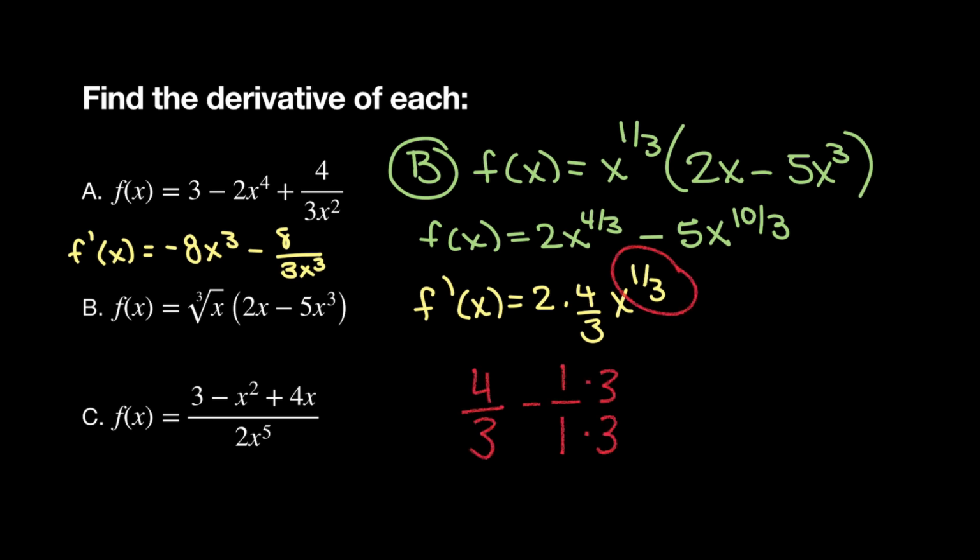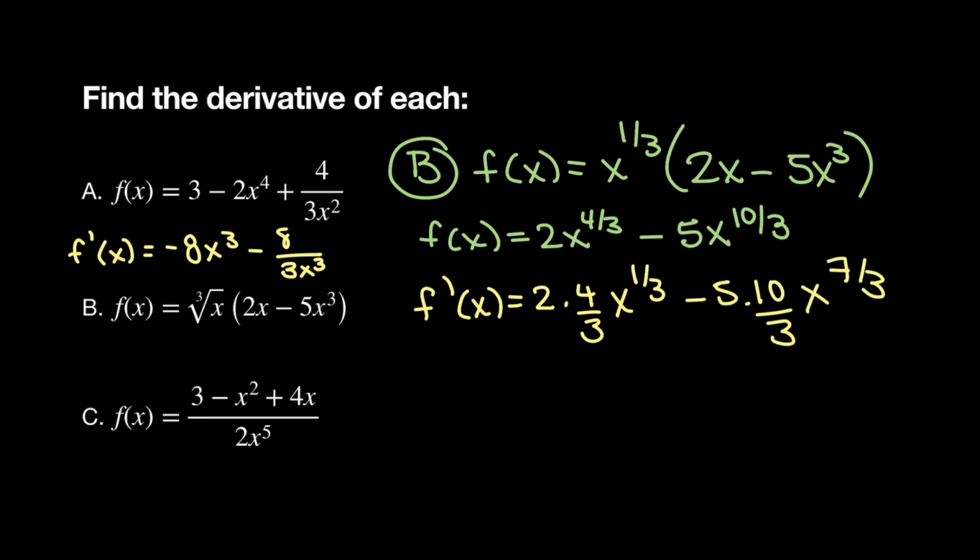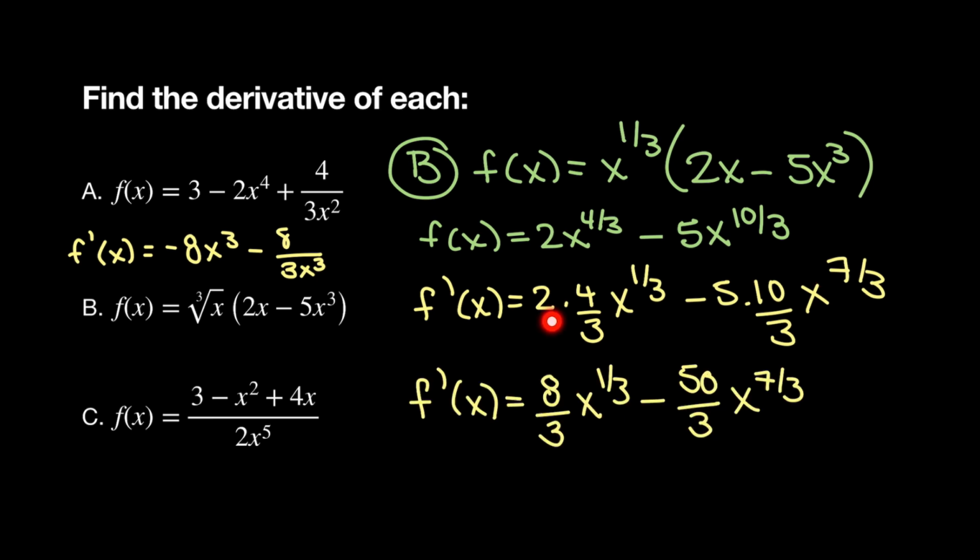Next term, minus 5 times, I brought down the 10/3, and then x to the 7/3, and 7/3 was my 10/3 minus 1. That's 7/3. All right, so finally, 2 times 4/3 is 8/3. So I've got 8/3 x to the 1/3 minus 5 times 10/3 is 50/3. So 50/3 x to the 7/3. And there's my answer. There's the derivative of that function.